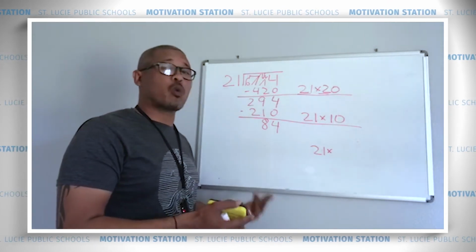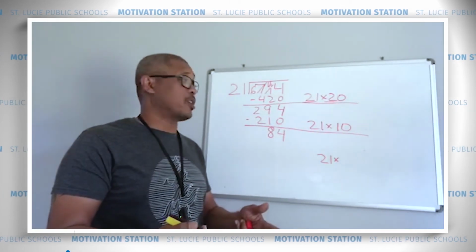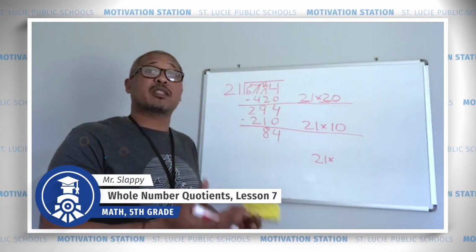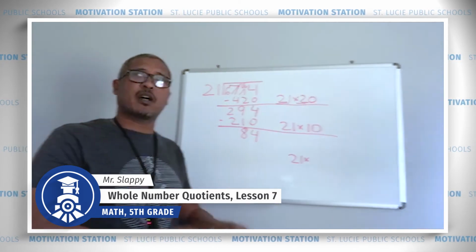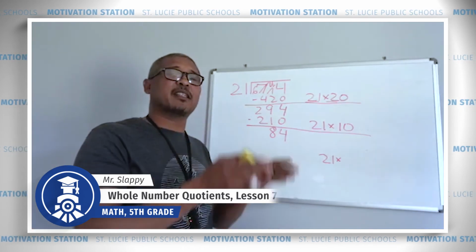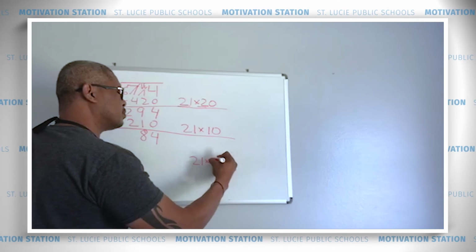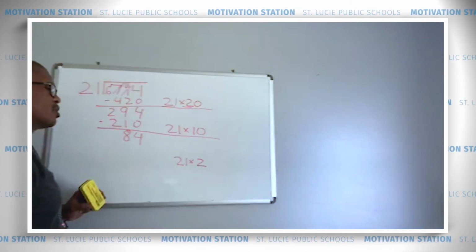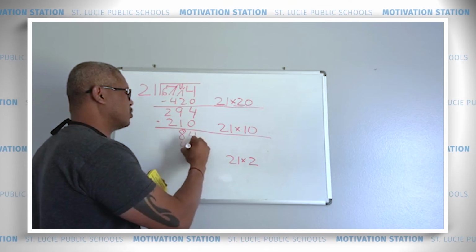I can't go wrong if I'm using multiples, so I'm going to try something different. Let's try 21 times 2. The difference is that I just have to keep going again until my remaining number is less than the divisor, or 0. So if I use 2, which 21 times 2, that's doubled, gives me 42.